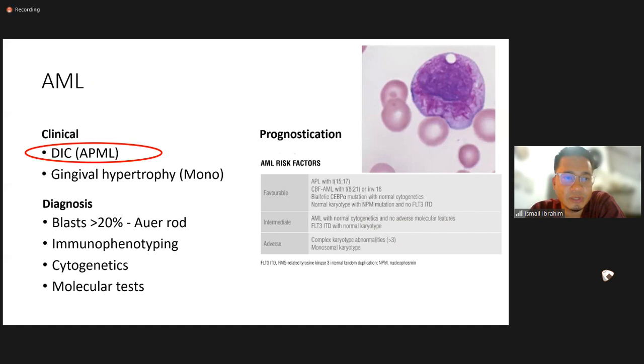Just a brief summary on this slide. APML causes DIVC. We diagnose them when they have more than 20% of blasts. We can use immunophenotyping to diagnose. For some conditions, we need to use cytogenetics or molecular tests. And again, as with ALL, we also need to stratify them based on the genetic mutation. For example, we have here favorable, intermediate, and adverse. So all the patients who have been diagnosed with acute myeloid leukemia will have all the tests done.